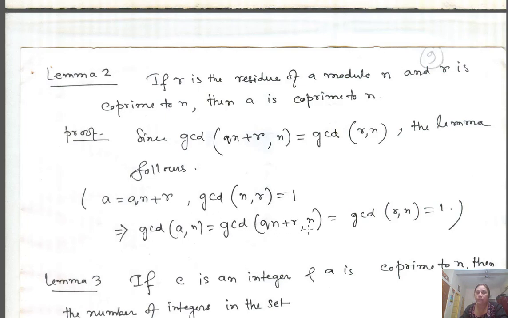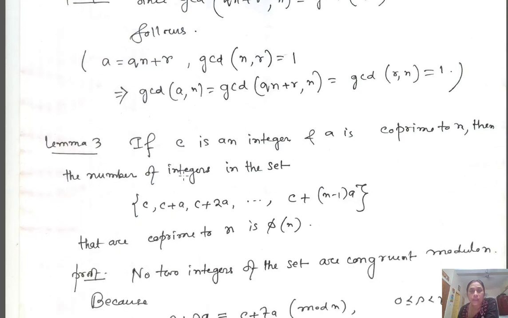A is Qn plus R. And while proving the Euclidean algorithm, we have seen that this GCD is same as GCD of R, n. GCD of R, n is 1. So if R is co-prime to n, then A is also co-prime to n, because GCD of A, n is same as GCD of R, n.